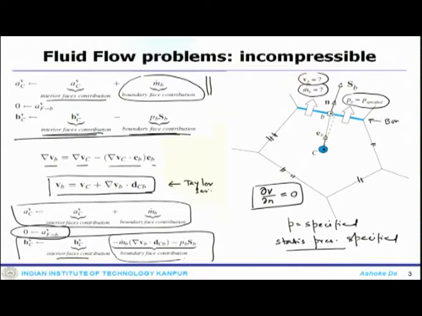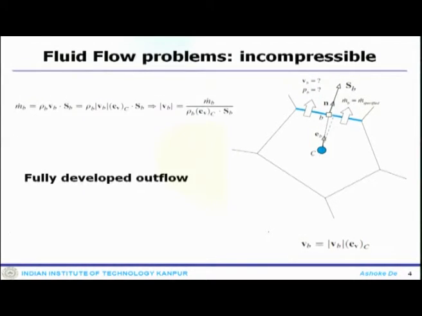This is the change one can add when you have a pressure boundary condition specified at the outlet. Similarly, this is the schematic for a specified m dot, or mass flux, at the boundary.